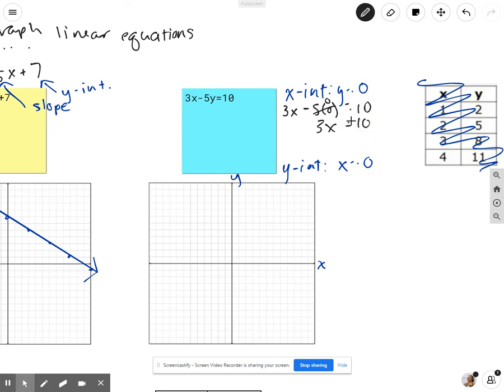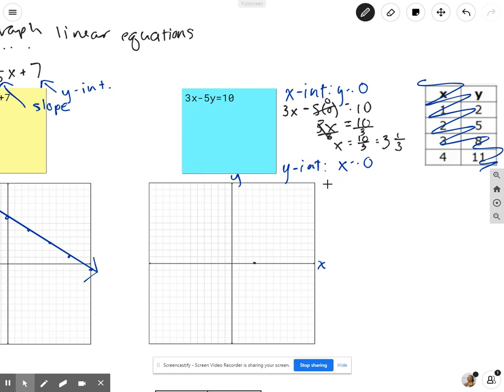To find x, divide by 3 on both sides. The 3s cancel. We get x equals 10 divided by 3, which is 3 and 1/3. That is our x-intercept. Not a very nice number, so we'll guesstimate on here. We go on the x-axis, find that number, and put a point there.